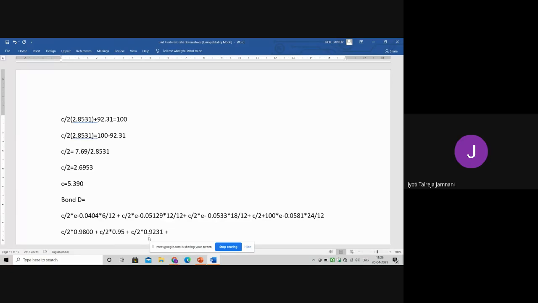Let's find for the fourth tenure. e raised to minus 0.0581 into 24 by 12, which is 2, is 0.8902.